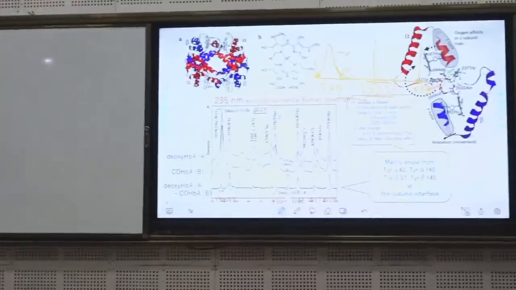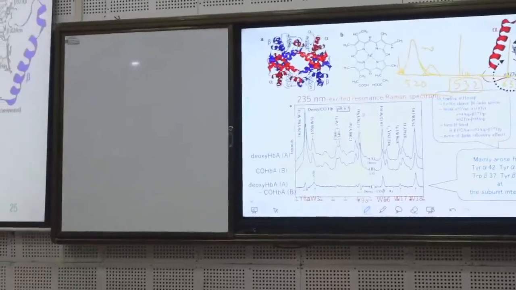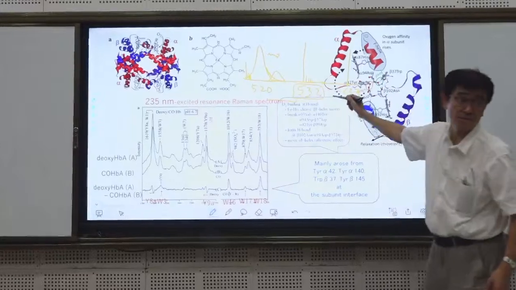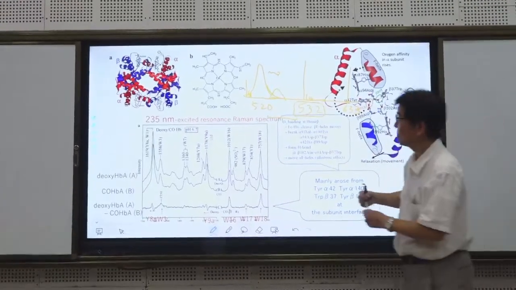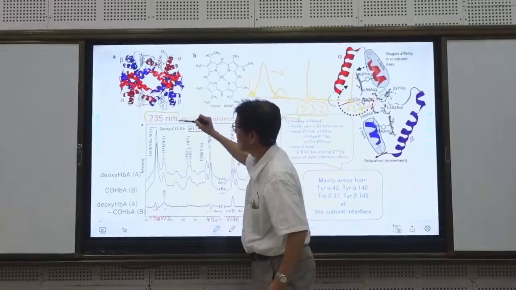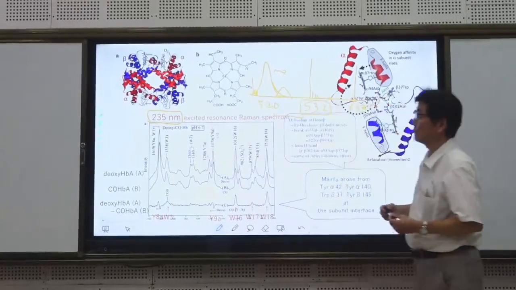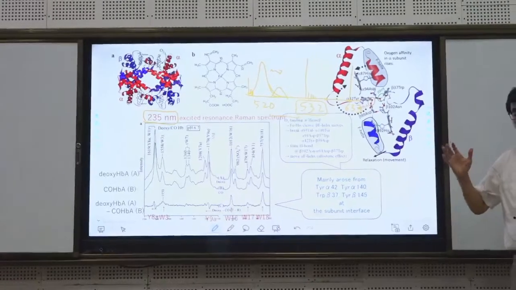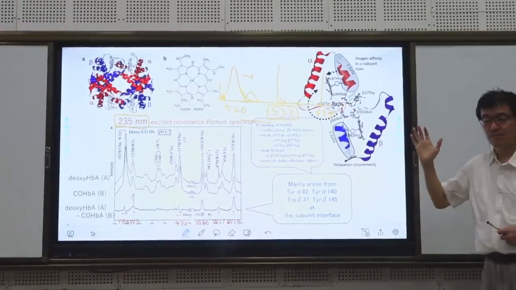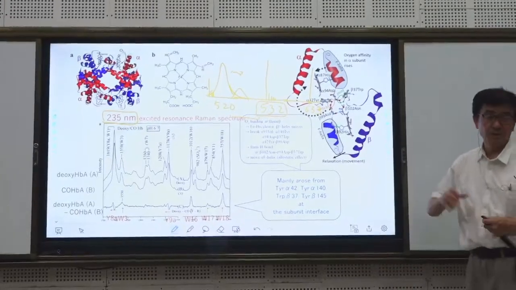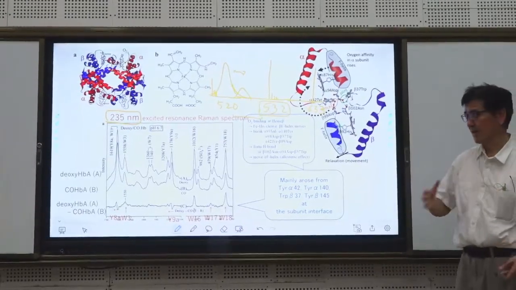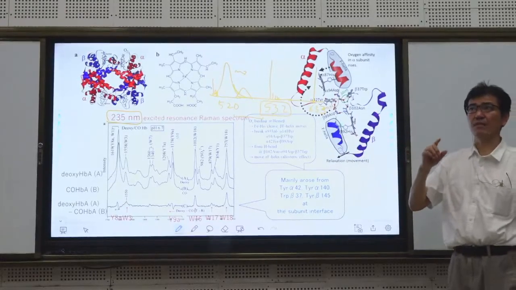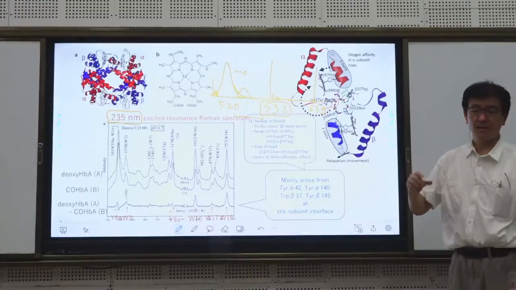Is 235 nanometer UV radiation too strong for a biological sample? Right, you're right. In my experience, I use 229 nanometer and the sample concentration is 1 milligram per milliliter or so.